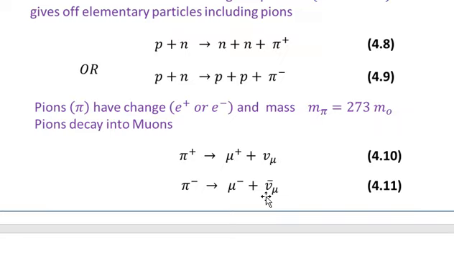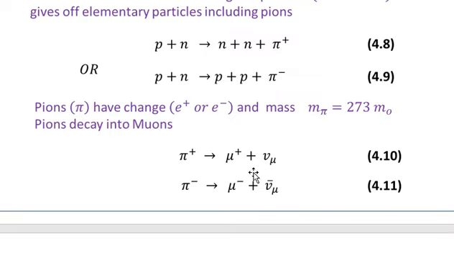That is why here it is called anti-mu neutrino.